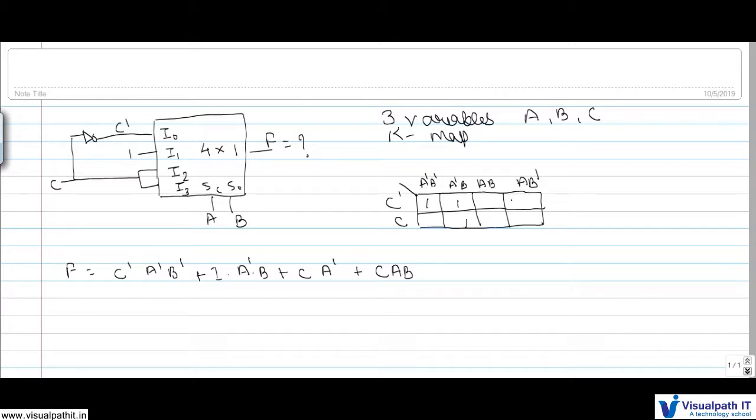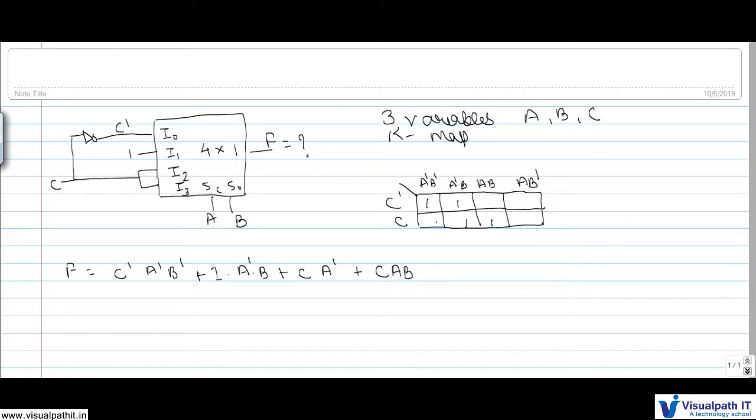The next one is A dash C, A dash and C. And next one is A, B and C. A dash is common here and here.